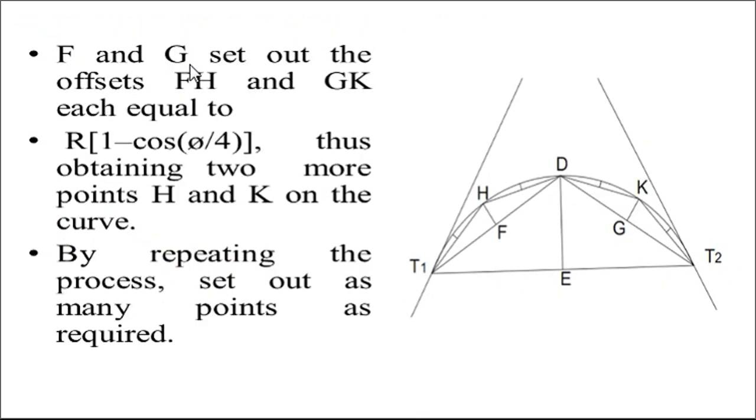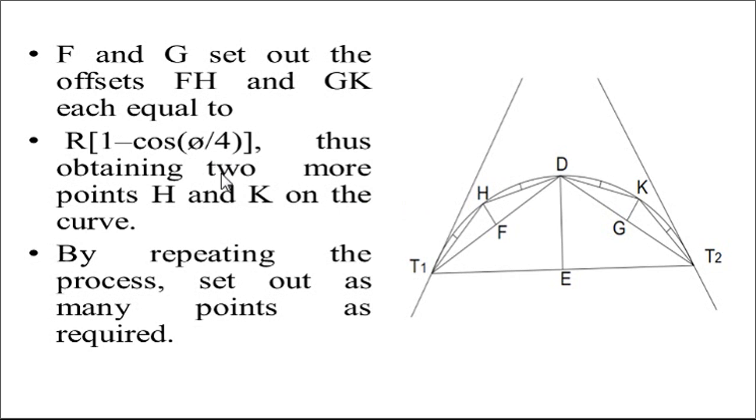F and G are set out. From F and G, set out the offsets FH and GK, each equal to R into bracket 1 minus cos of phi by 4. It is phi by 4 because it is the fourth division of the deflection angle phi.